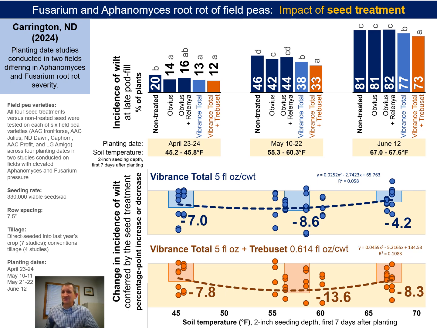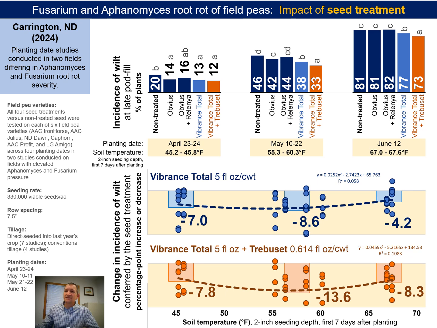So this is a fusarium-specific product that you can add to your base seed treatment for additional activity against fusarium. When you're planting in really cold soils, the addition of Trebuchet gave us a bit of a bump in terms of improved management of wilt, but it was very, very slight.